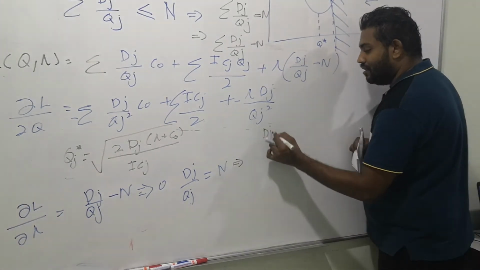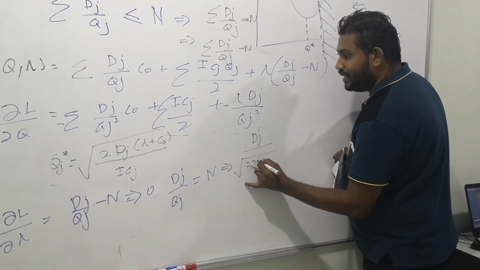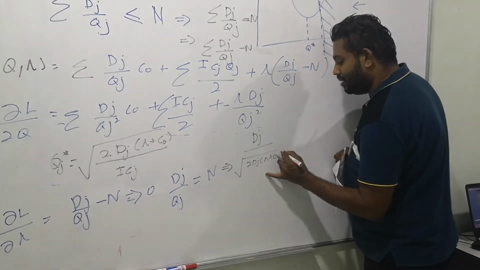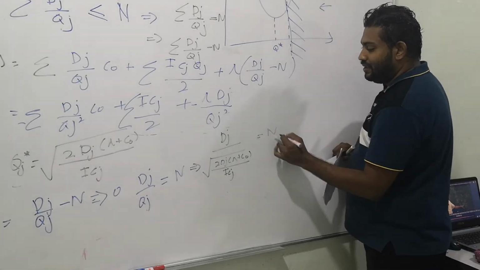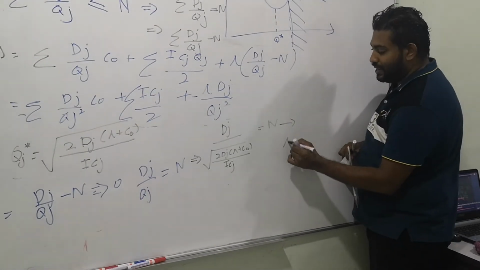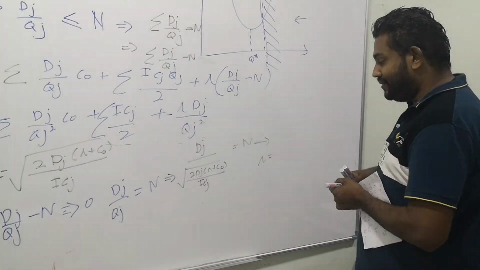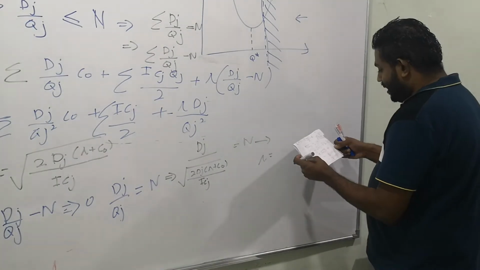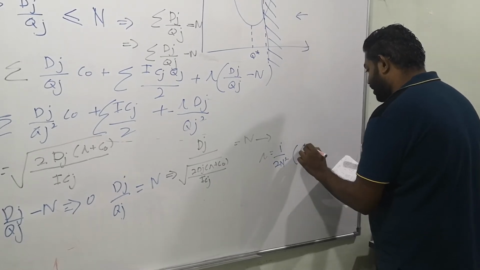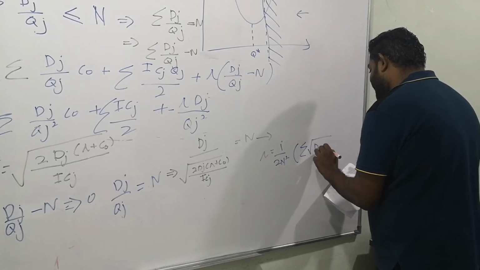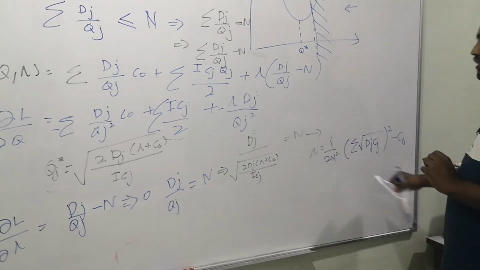We use dj over our qj, taking back the square root of 2 dj lambda plus c naught over I cj, equals n. And the final equation we get for lambda, where you can see the derivation or do the derivation yourself, is I over 2n squared times the summation of dj cj squared, minus c naught. This is the value of lambda.